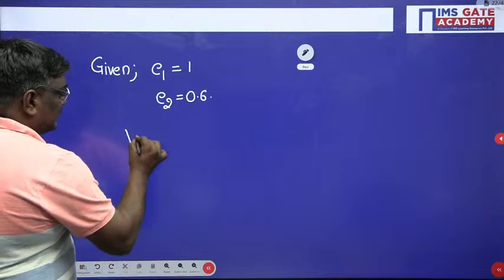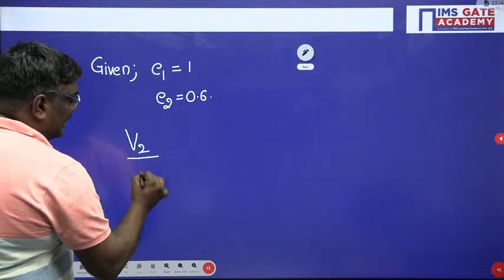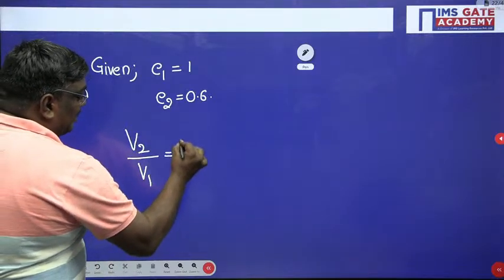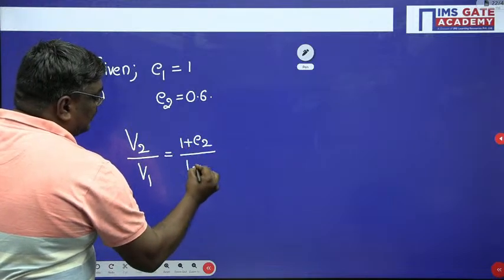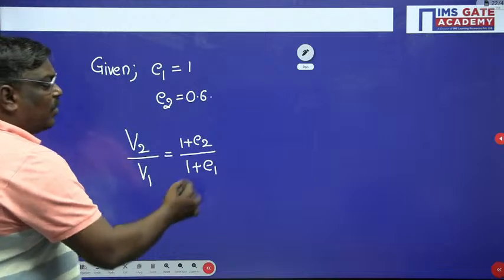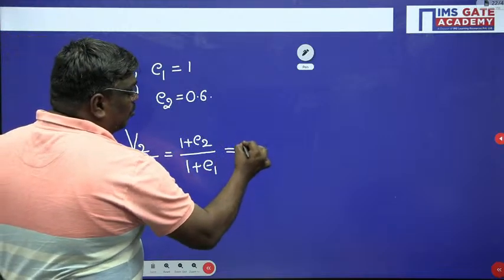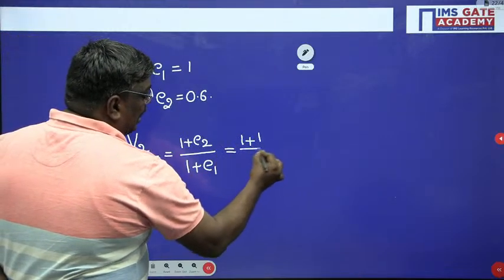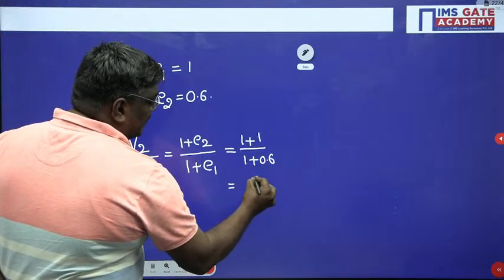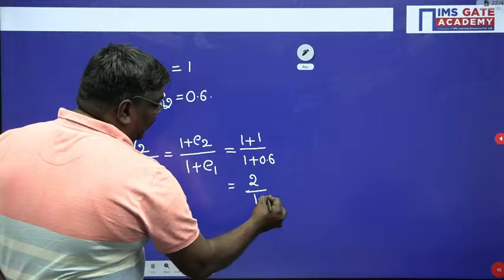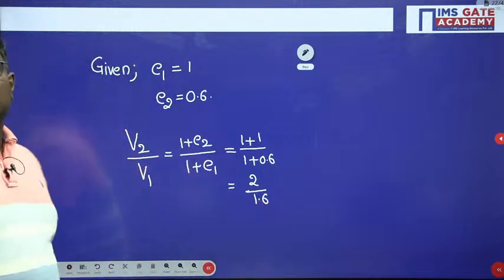From this, V2 by V1 can be written as (1 plus e2) by (1 plus e1). So here what I can write, my dear students? 1 plus 1 upon 1 plus 0.6. So this can be written as 2 upon 1.6. Yes or no?